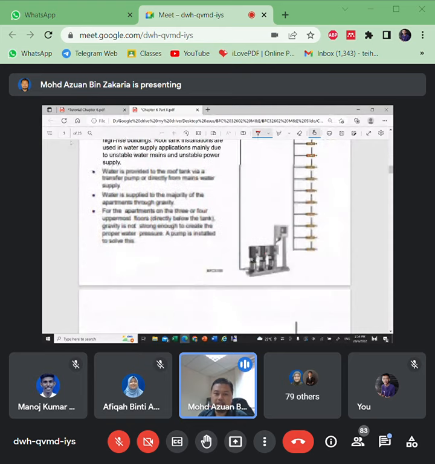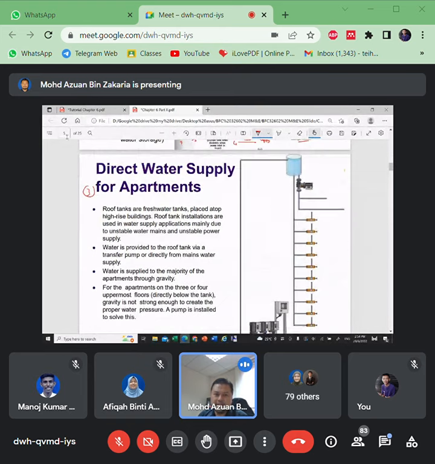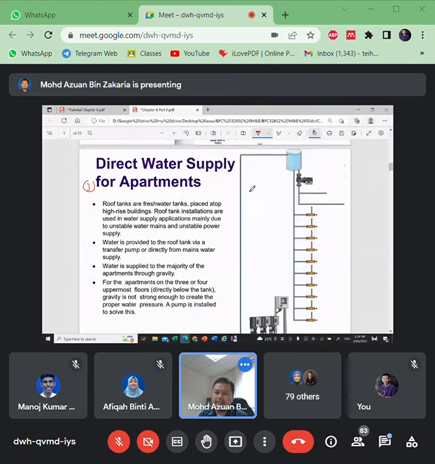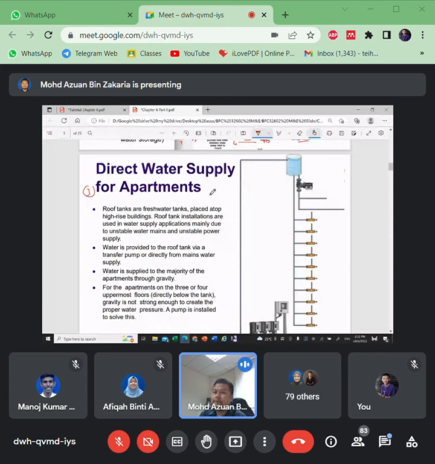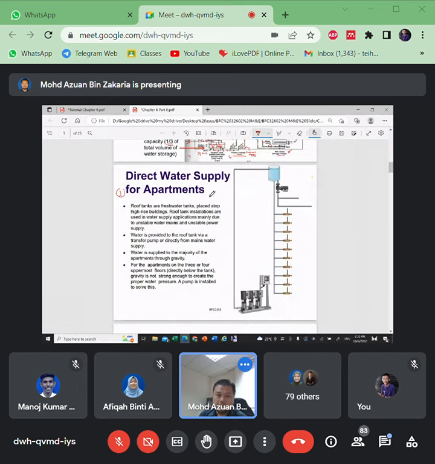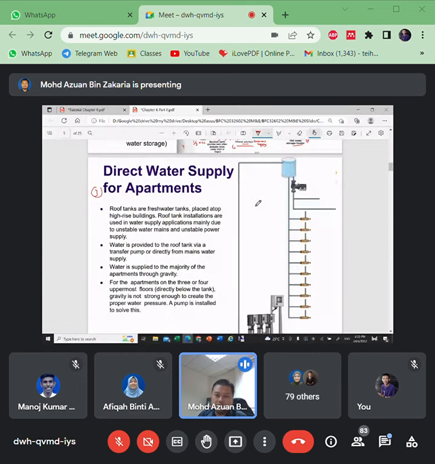And last but not least, the direct water supply system. Okay, this is very rare because it is for some apartment buildings that are not too high, and they want potable water available, so they can use this one. But still, because this is a high rise, they still require a slightly small roof tank of fresh water.